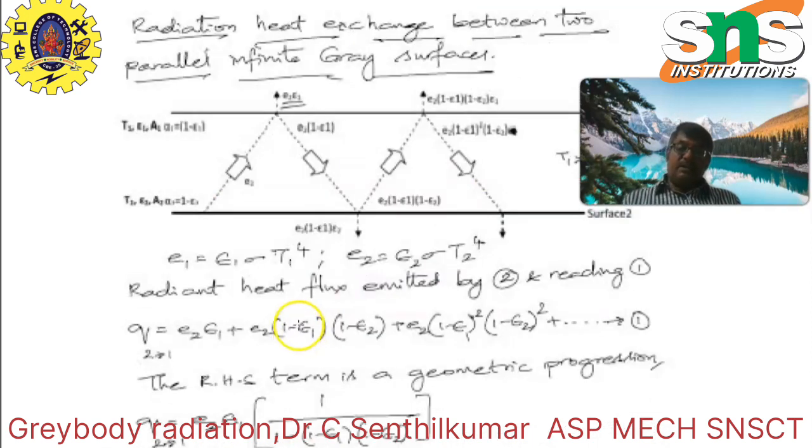So the radiation heat flow emitted by 2, the heat flux Q, will be E2 emissivity 1, plus E2 emissivity 1 times (1 minus emissivity 1) times (1 minus emissivity 2), plus E2 emissivity 1 times (1 minus emissivity 1) squared, (1 minus emissivity 2) squared, plus also 1 to 2, and it keeps on emitting the values.